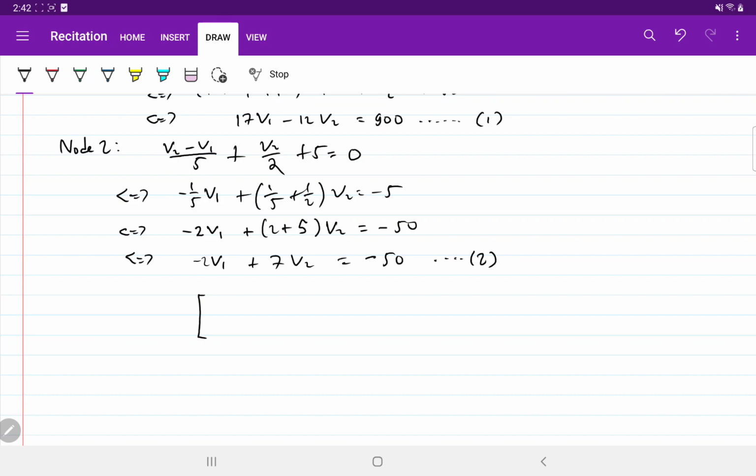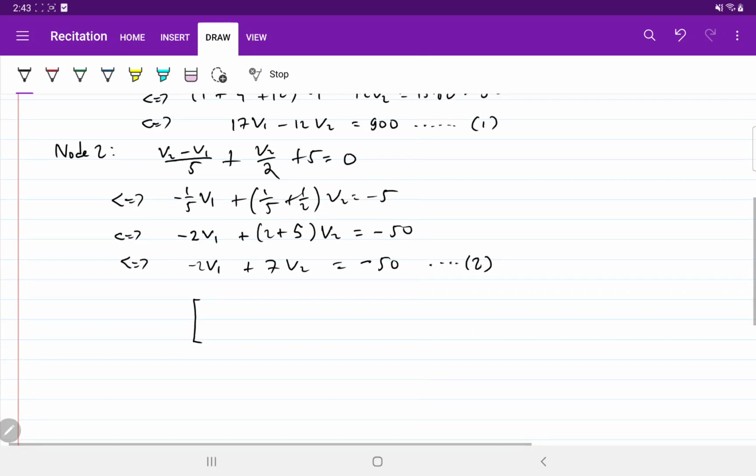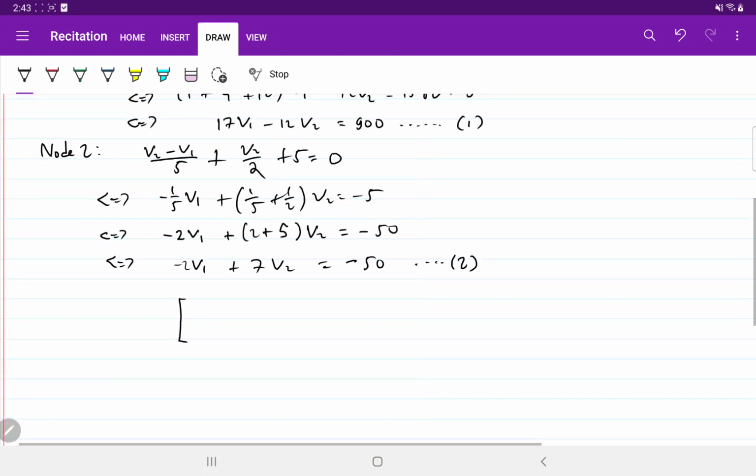Of course there are many methods that you can use, like substitution and anything else that you have in mind, but for these equations I will solve it using matrix.